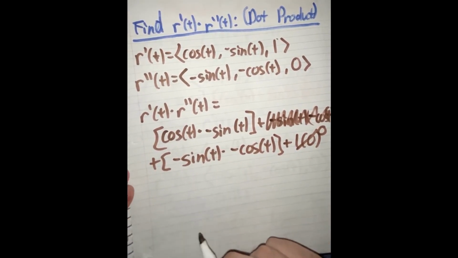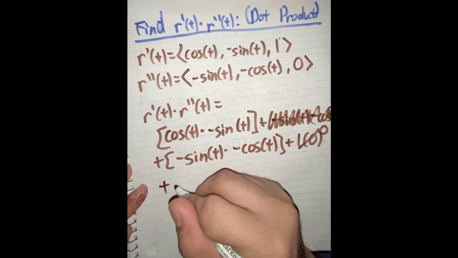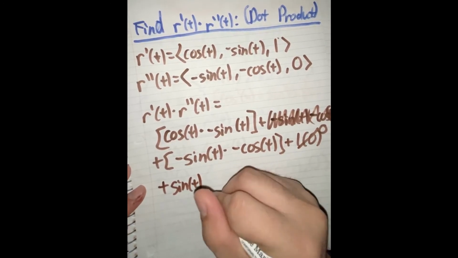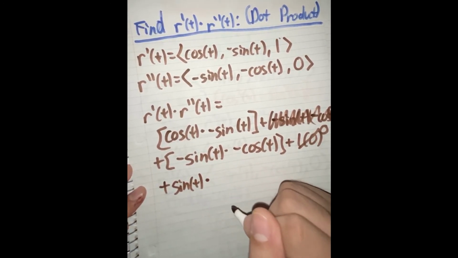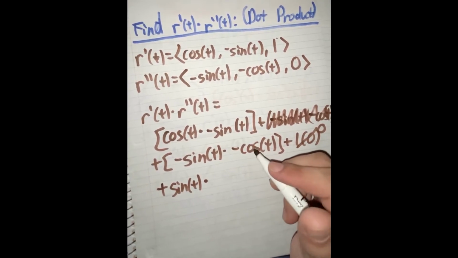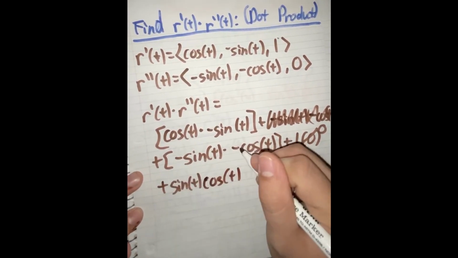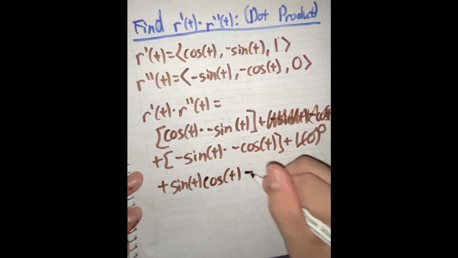So when we simplify this, we have negative sine of t cosine of t plus sine of t cosine of t, because these two minus signs make a positive.